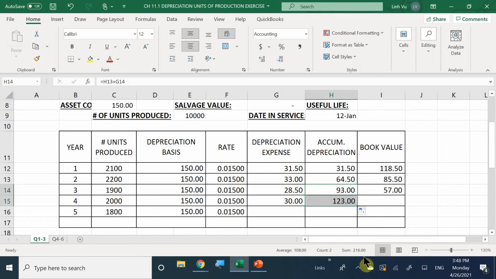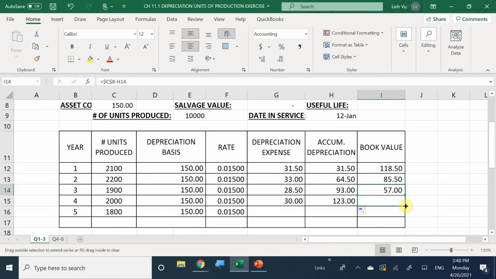And then what about your book value? Can you just go 0?